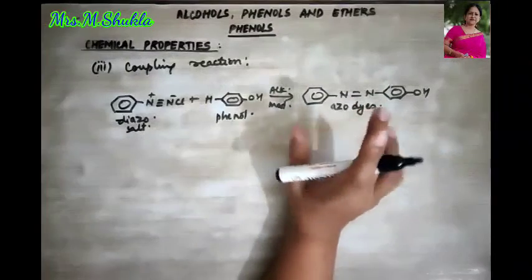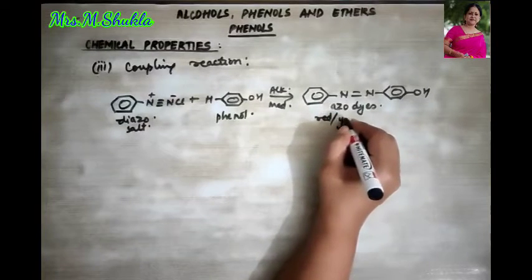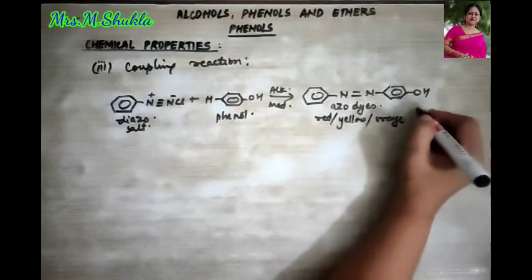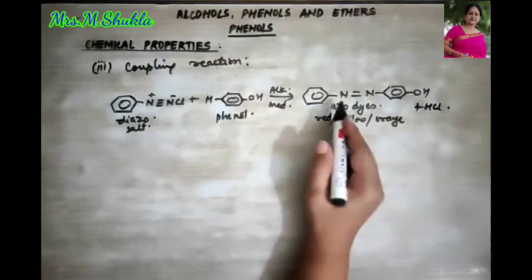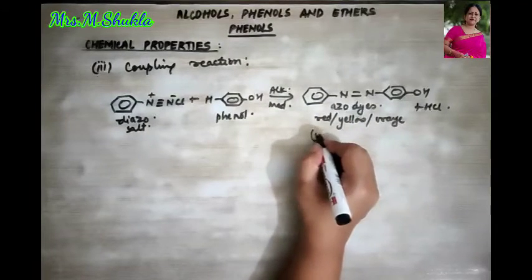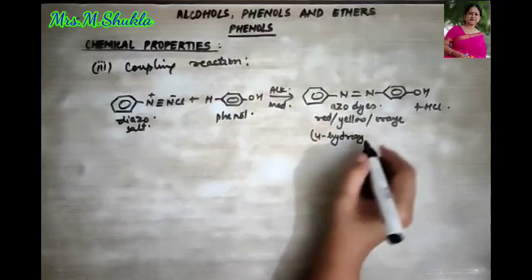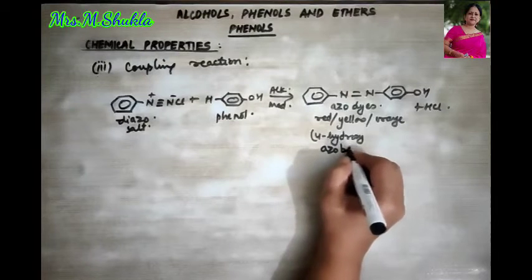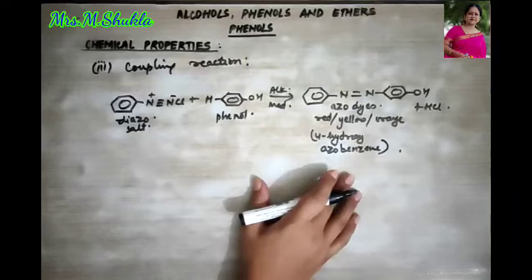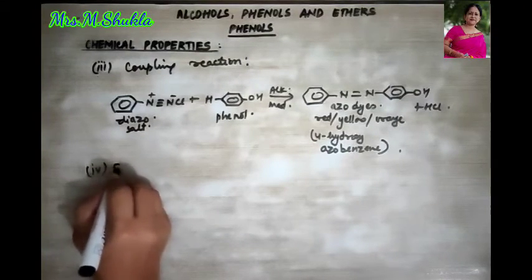These Azo dyes are of bright color. Bright color could be red, yellow, or even orange. Plus HCl is given out. What is the IUPAC name of it? It is 4-hydroxy-azobenzene. Clear?